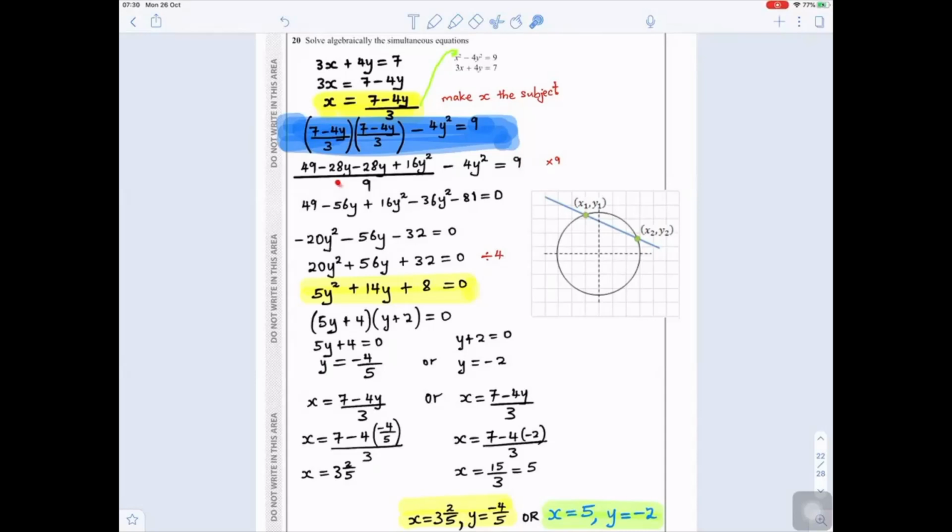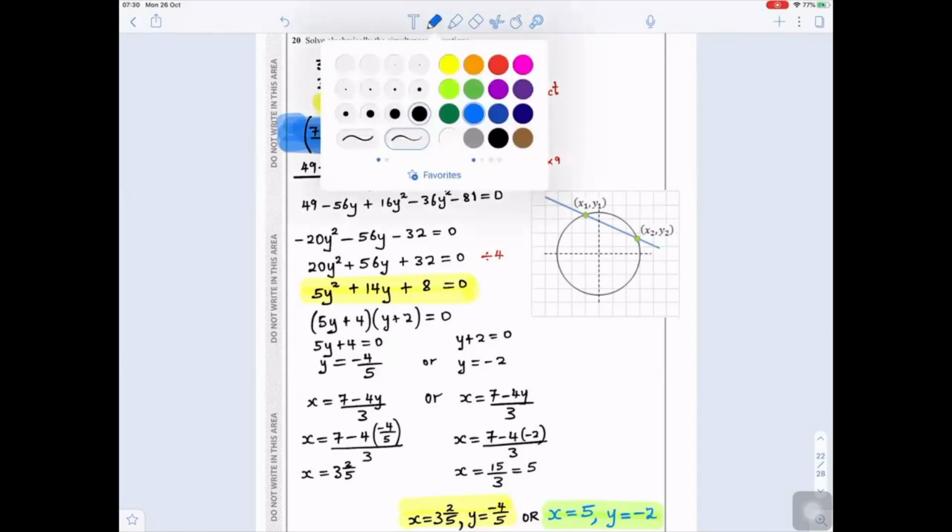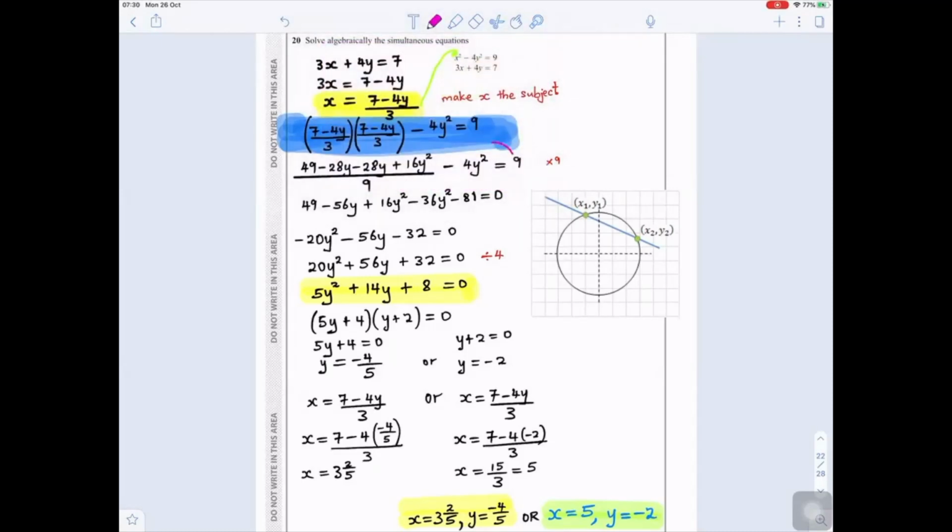Now we want to get rid of the 9 at the denominator, so we multiply everything by 9. The 9 has disappeared, and on the right-hand side, the 9 times 9 becomes 81.